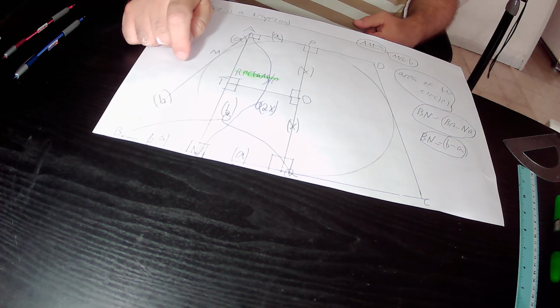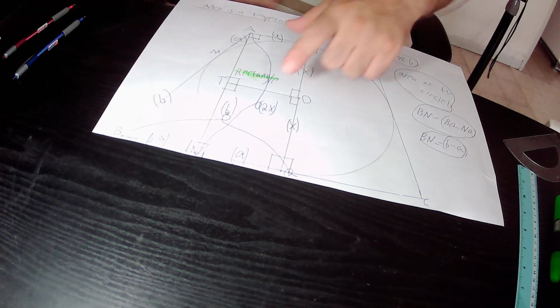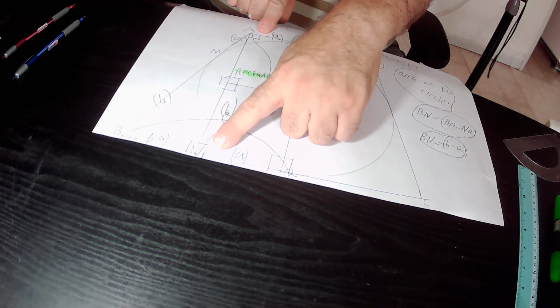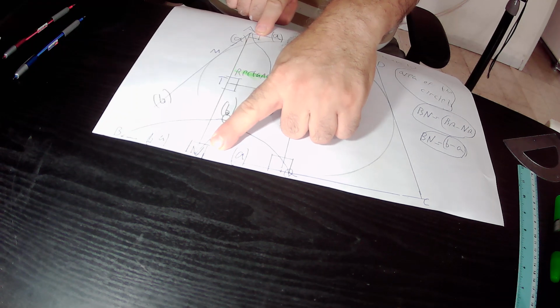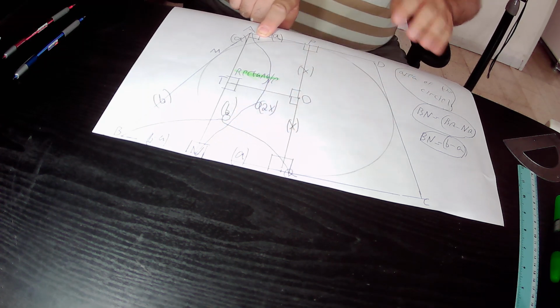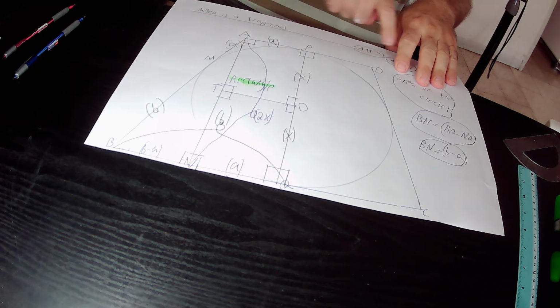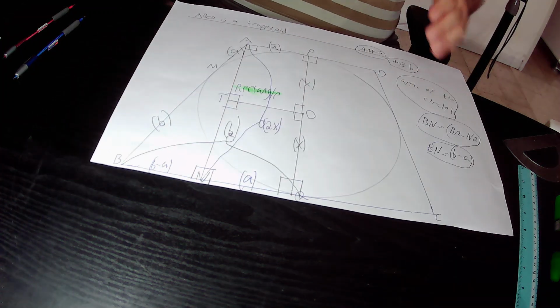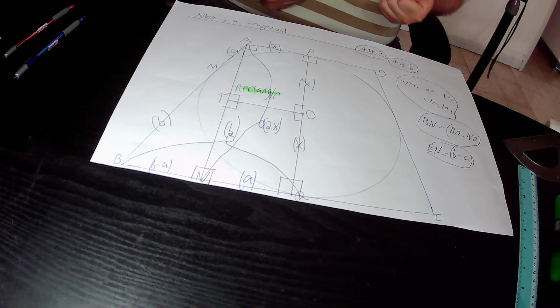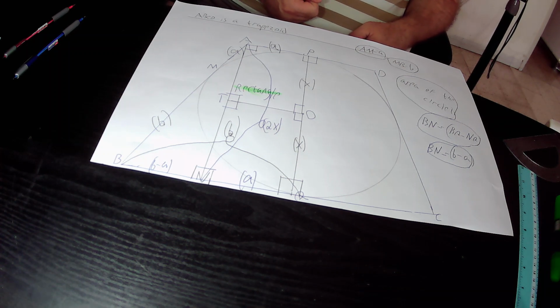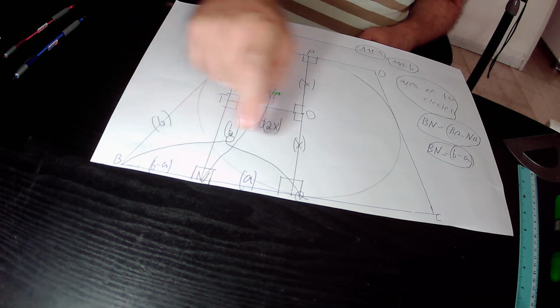By doing this construction, we created those two angles that are defined as one-sided internal angles. Those two angles are located between side AD and side BC. Because ABCD is a trapezoid, side AD is parallel to side BC.